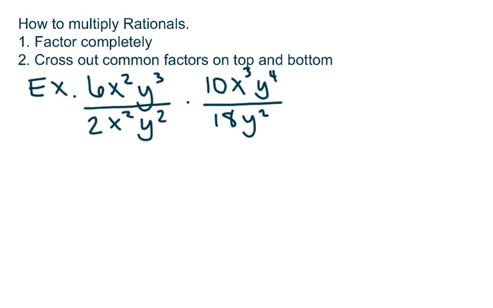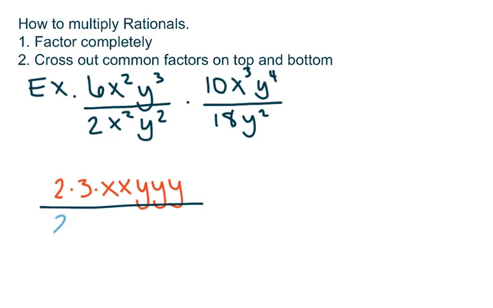So the top is going to become, if I break down a 6, that's a 2 and a 3. X squared means 2 x's. Y cubed means 3 y's. So there's our top. And then if I do the denominator on the first one, I have a 2, x times x, y times y.